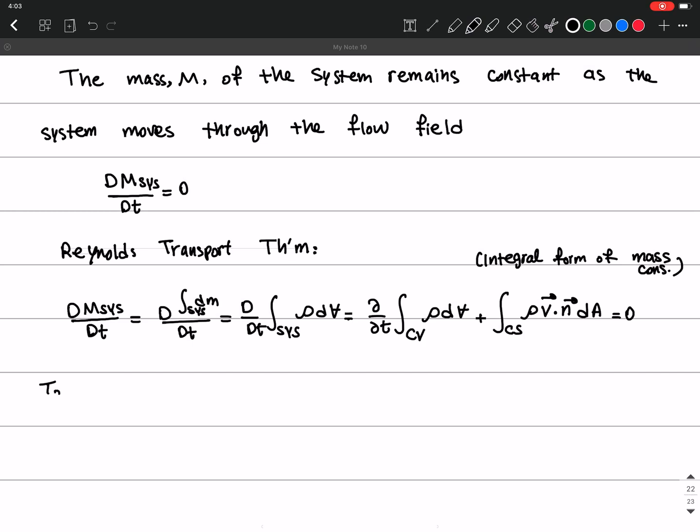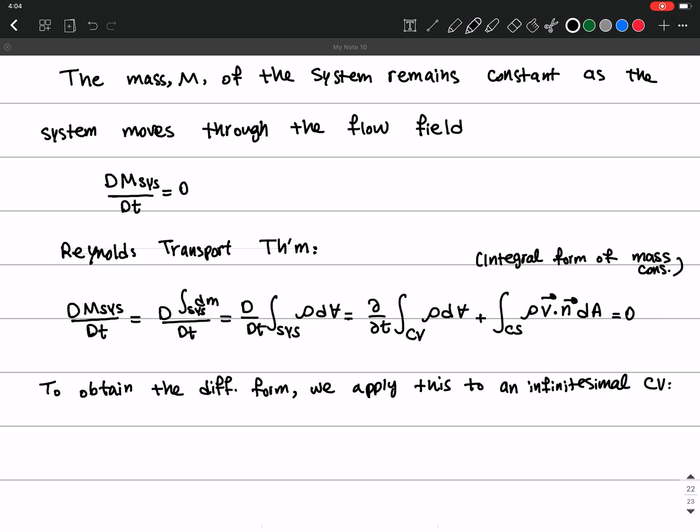So now, to obtain the differential form, we apply this to an infinitesimal control volume, or CV. Okay.